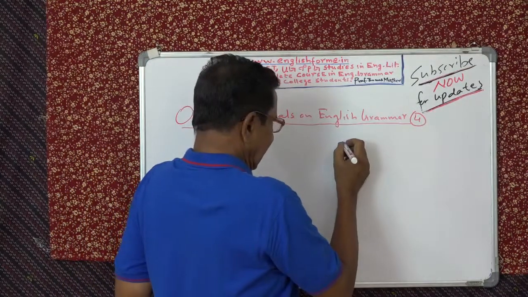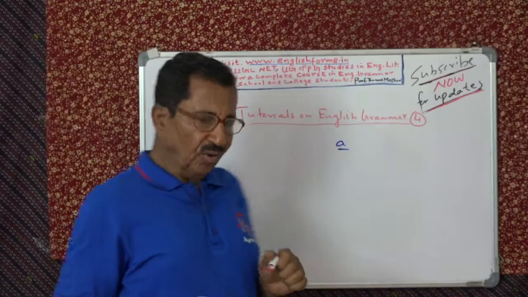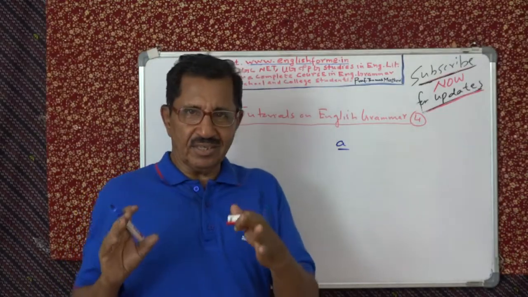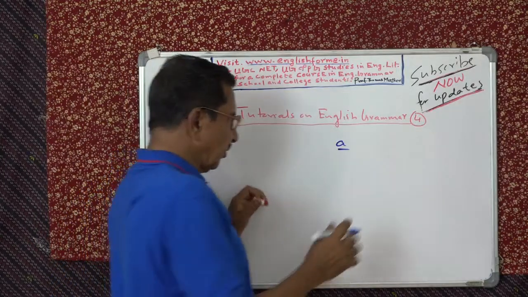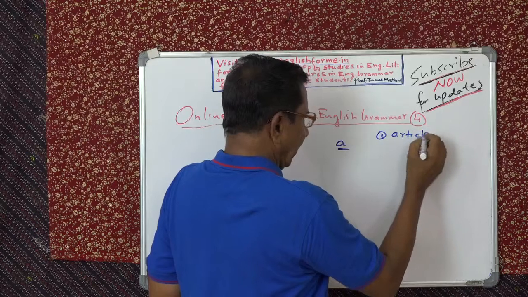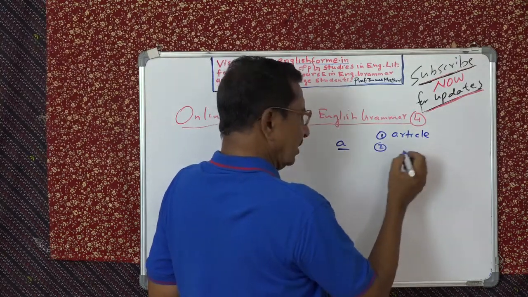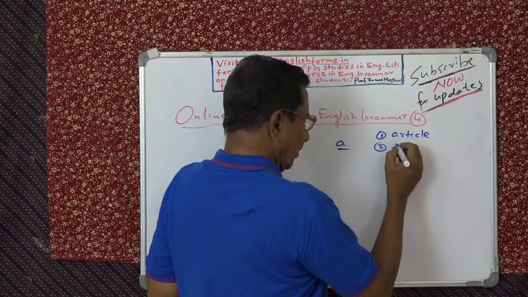In the last class we were learning something about the small word a. What are the things that we saw already? One, this is an article. Two, it is used with count nouns.